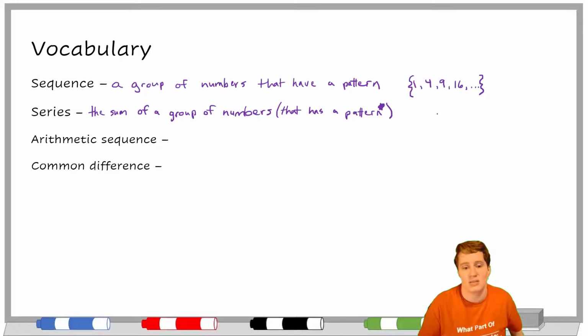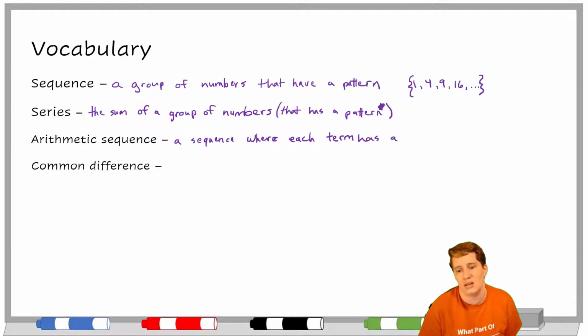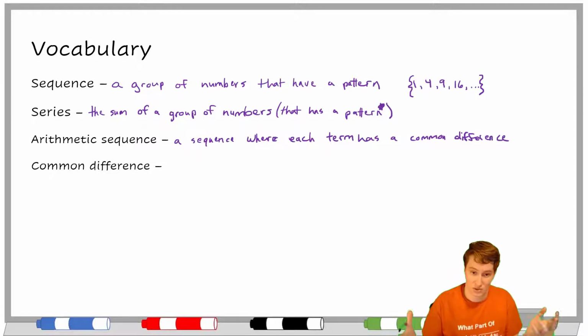So an arithmetic sequence is a sequence where each term has a common difference.